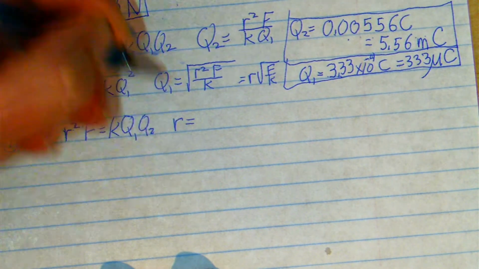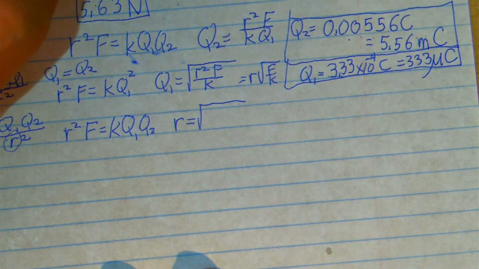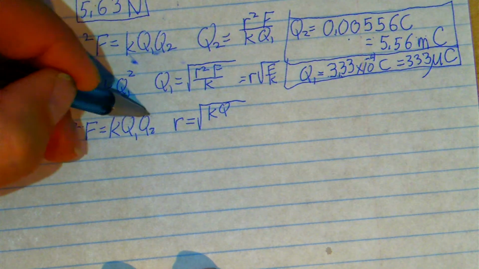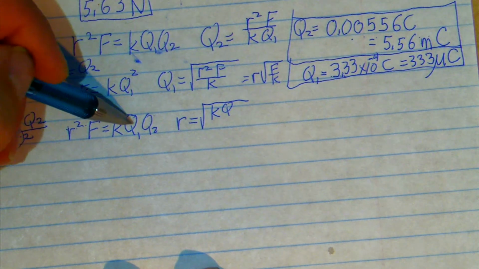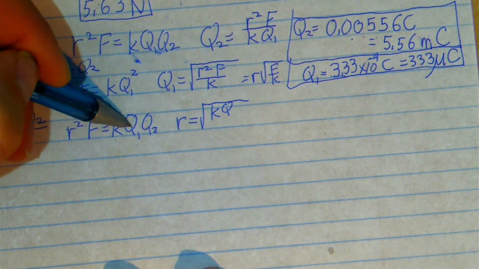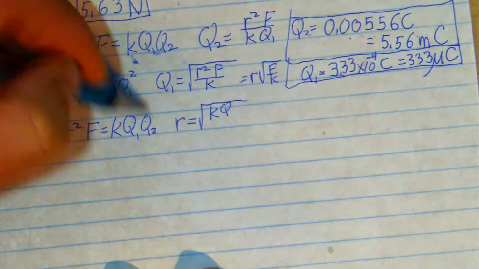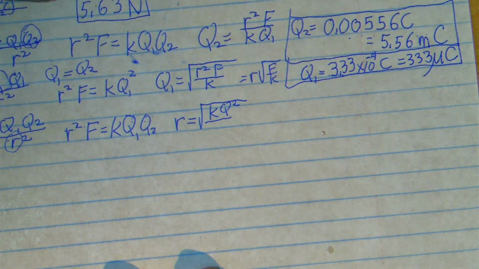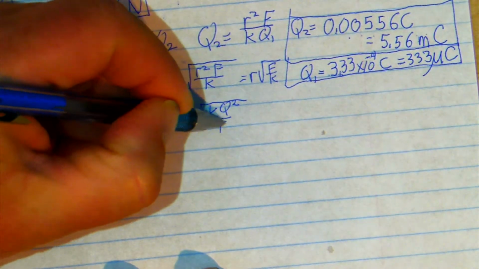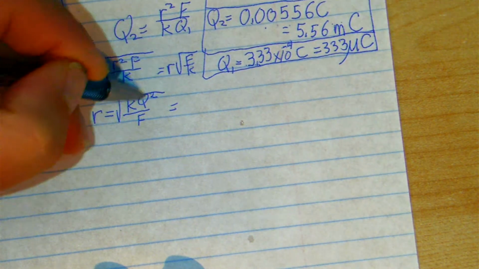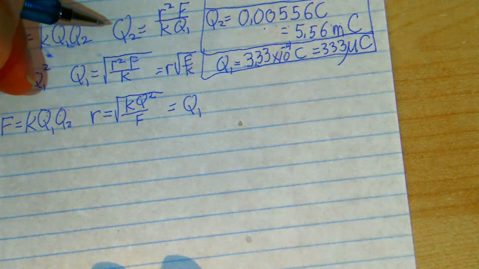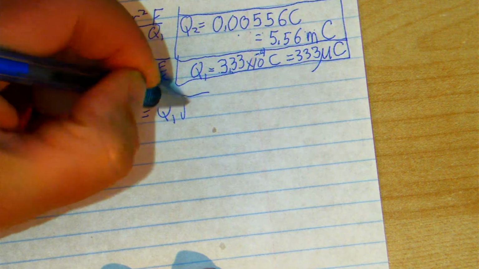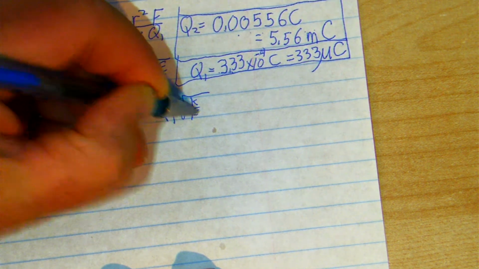So r is going to be the square root of K, and since the two charges are identical, I could again substitute and say this is Q1 squared, and then pull it out from underneath the radical as I had with the previous problem. So pulling that out just because I can, I have R is equal to Q times the square root of Boltzmann's constant divided by the force.